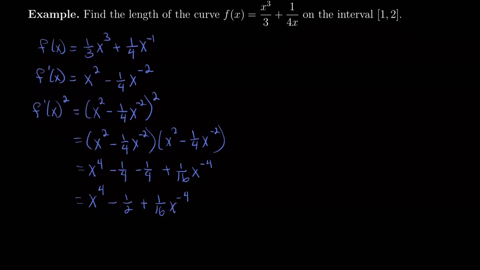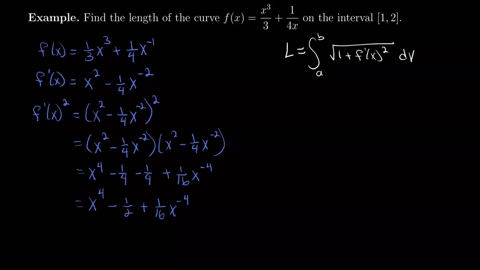Now, going back to that integral formula, I'm going to write it down over here that I need. I'm trying to find the arc length. It's the integral from a to b of the square root of 1 plus the derivative squared dx. Now, I have the derivative squared. I might as well do the +1. I'm doing it one piece at a time. So let's go ahead and do that +1.